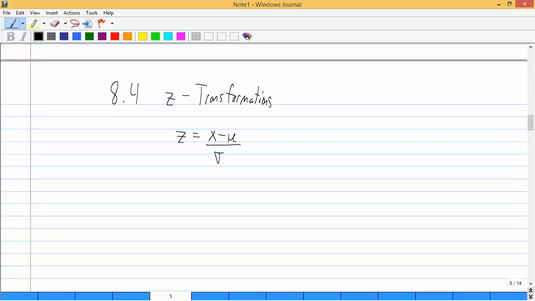Okay? And so with what we were doing earlier in 8.3 with the standard normal distribution, the mean was 0 and the standard deviation is 1. Well, in all real-world situations, believe it or not, the mean is not always 0 and the standard deviation is not always 1. Very rarely.